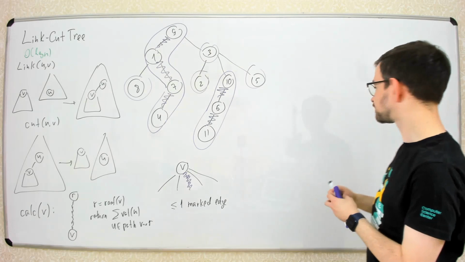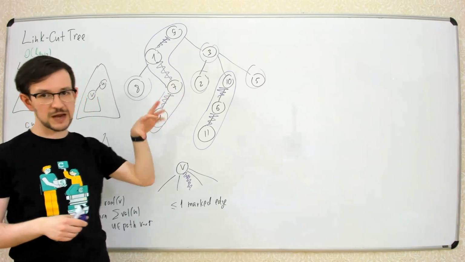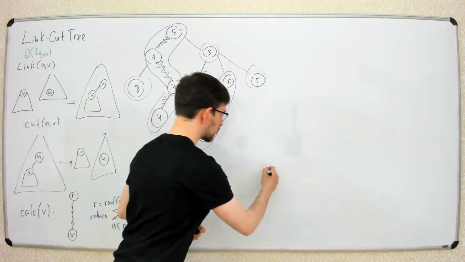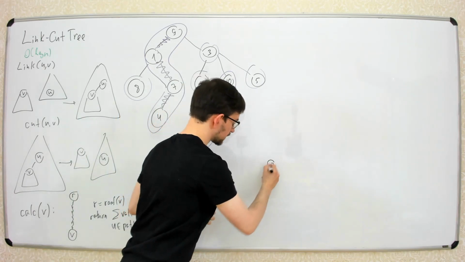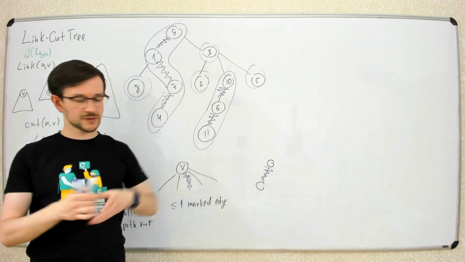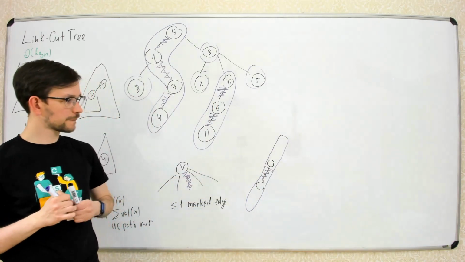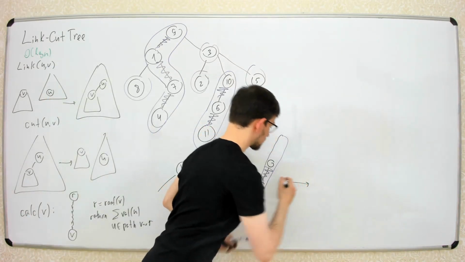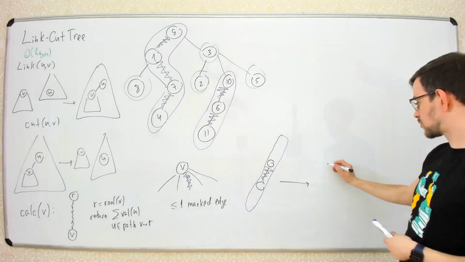Let's see what's going on with this decomposition when we change the state of some edge. For example, if you have some marked edge like this, this marked edge belongs to some path going through this edge. What will happen if you unmark this edge? Then you have a situation like this.